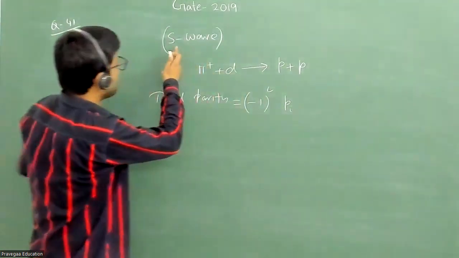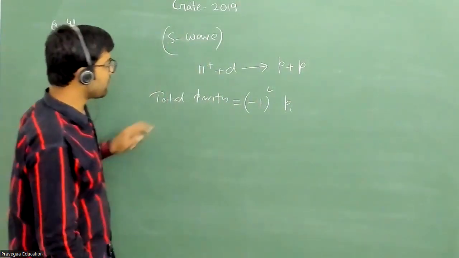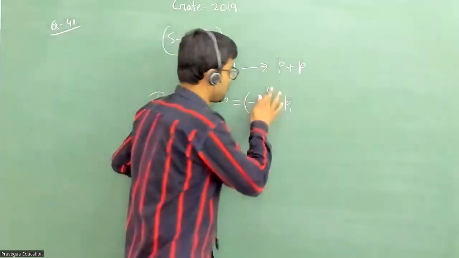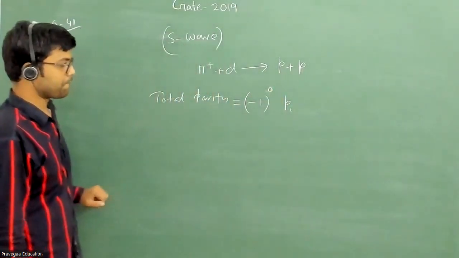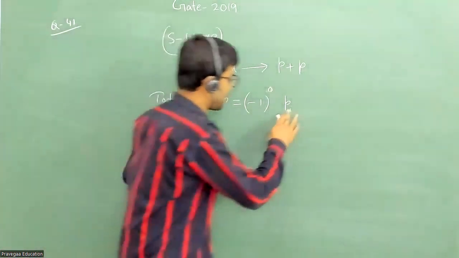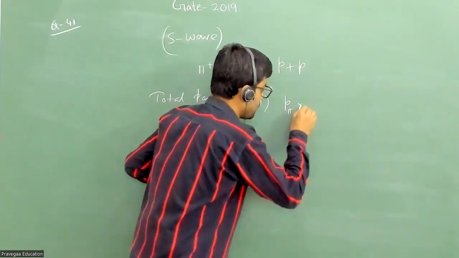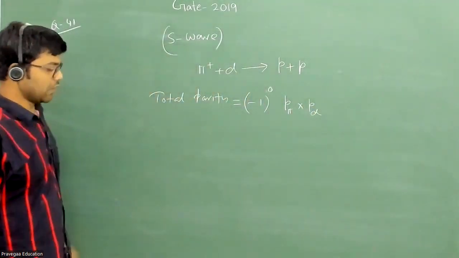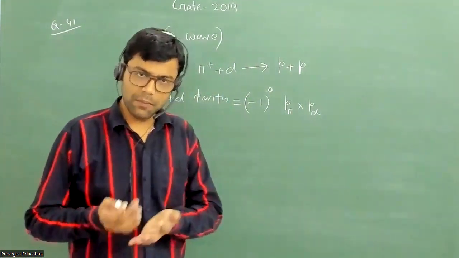Since it is given that you have S wave scattering, obviously for S wave, L will be 0. So this is basically the orbital part, and then the intrinsic parity of pi plus and intrinsic parity of deuteron.